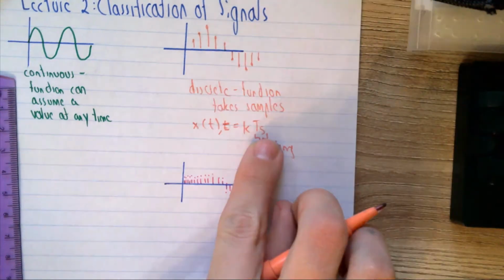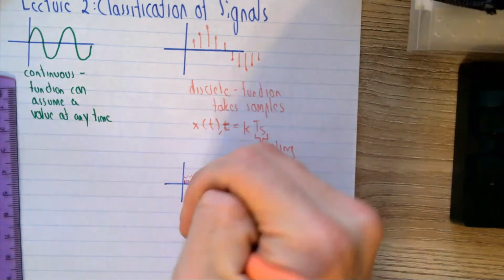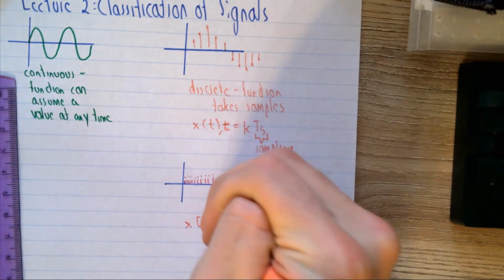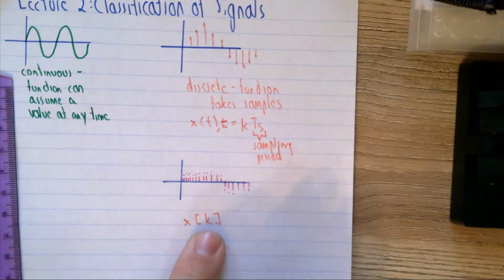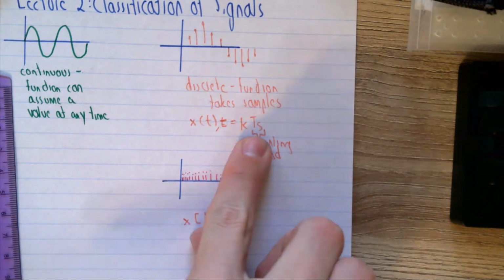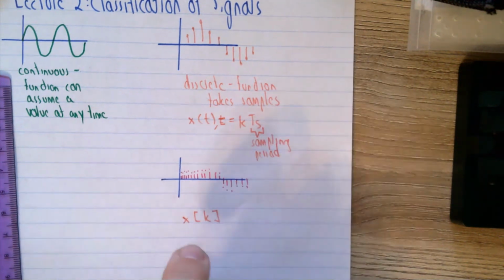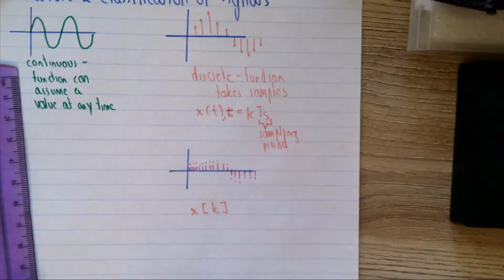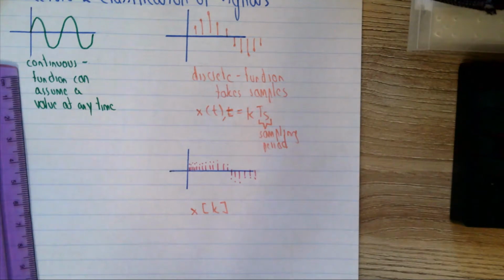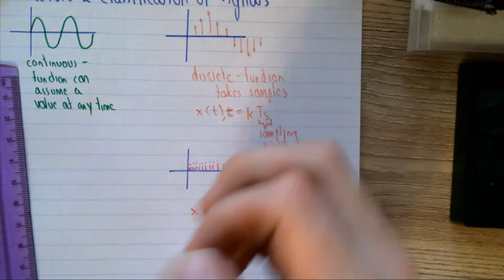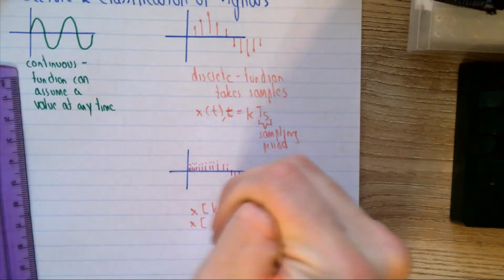So we can just write a discrete signal in terms of k, and that means the whole discrete time signal. Because the sampling period, if it's every hour of the day, you already know that. And so you just need to know the value specifically at that hour, because it's just the same period. And so you can say then maybe at hour 0, at hour 1, what is the value of the temperature?